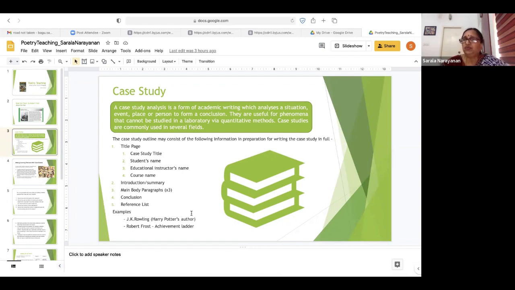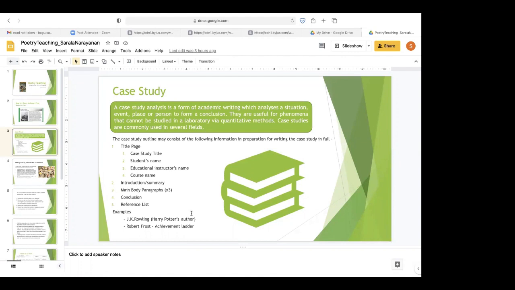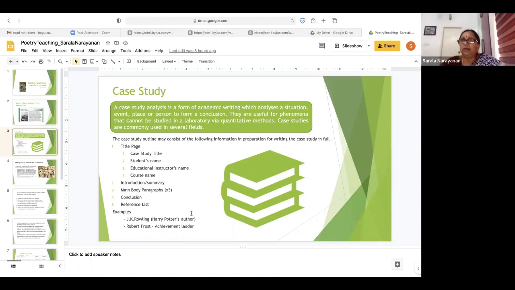It is a useful phenomenon that we come to know by our own personal experience or from teaching. For example, there are useful phenomena that cannot be studied in a lab. Even though Robert Frost is no more, we are talking about his life experience, how he was able to come up with the ladder of success.